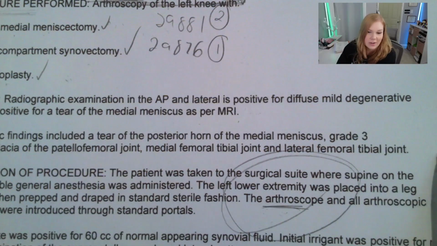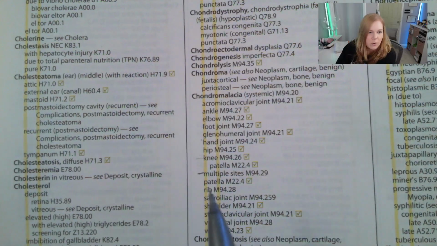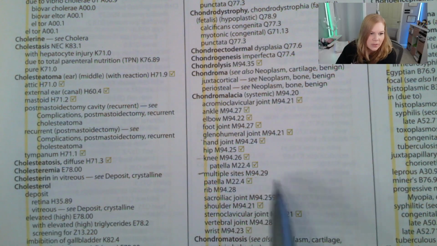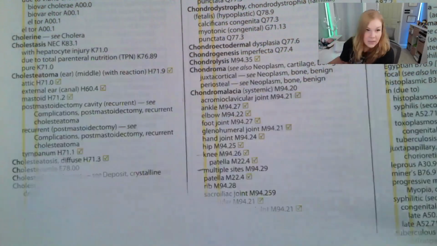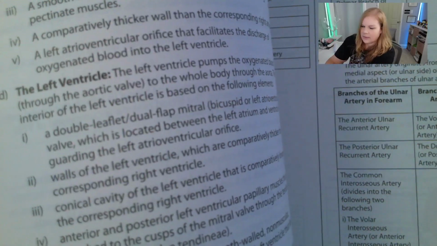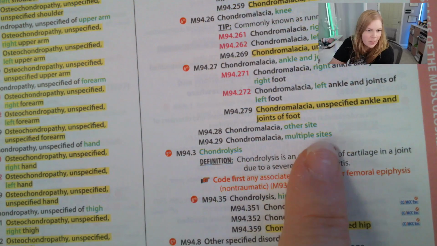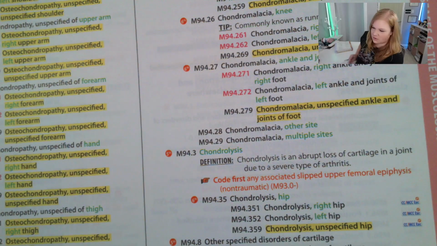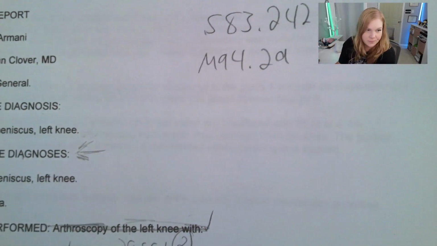So that's 3 different areas. So I think we're good with using this area of multiple sites, the M94.29. Let's double check that in our tabular list. So here it is, chondromalacia, multiple sites. No additional digits, so we're good to go there.